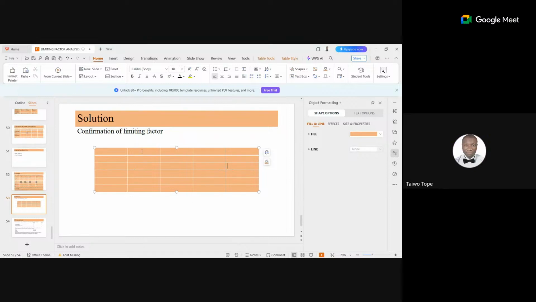Now, the annual demand for each of the products, we have them as what? Let's see, products. We have product A, product B, product C, product D. Now, the annual demand is what?